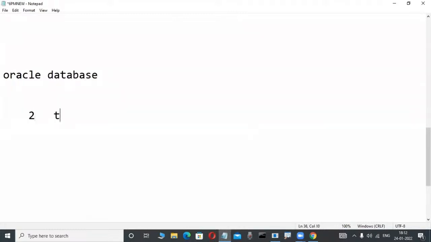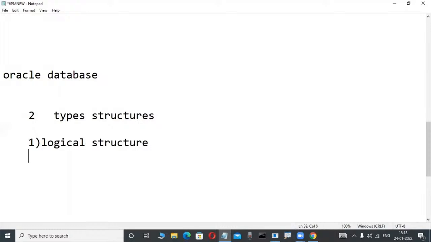One is the logical structure, and another is the physical structure. I told you this in a previous class. What does a logical structure mean?